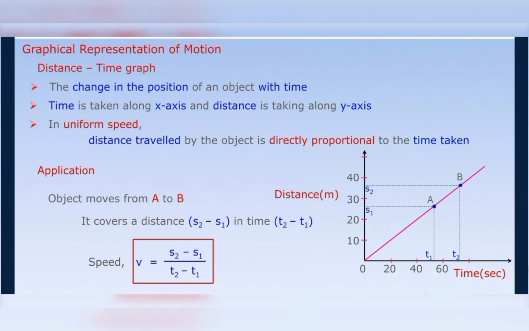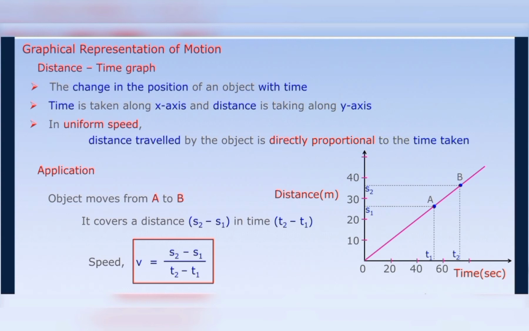So the distance time graph of a body can be used to calculate the speed of the body. Suppose an object moves from A to B and it covers distances s1 and s2 with respect to times t1 and t2 respectively. Then the slope of the curve, speed, is equal to s2 minus s1 divided by t2 minus t1.